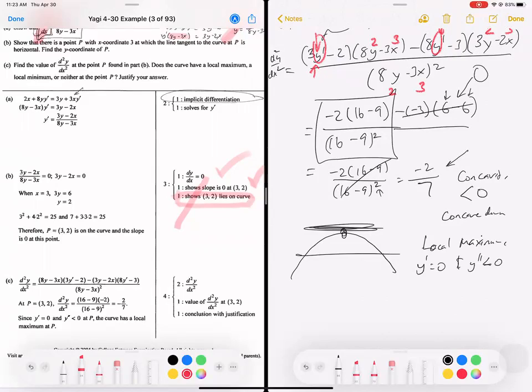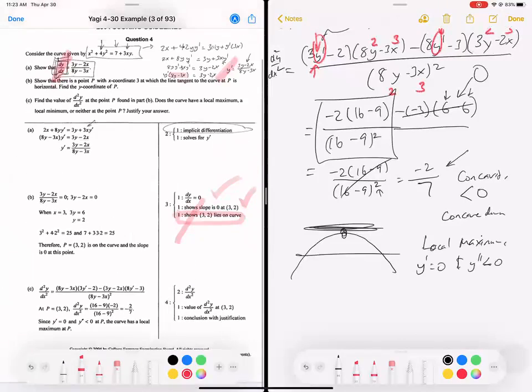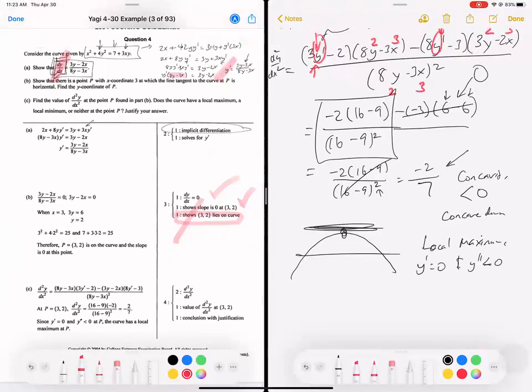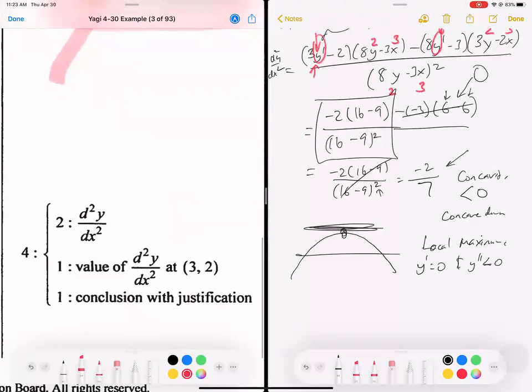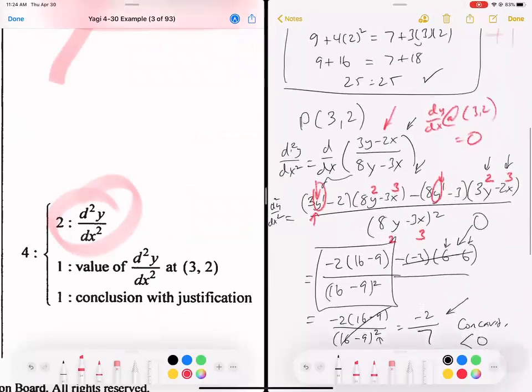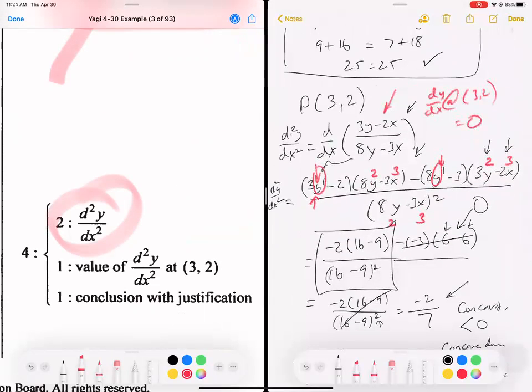Okay, let's look at the rubric to see if we got some points for that. So it's kind of cool. They gave us, actually, let me zoom in here. They gave us 2 points if you could set up that derivative correctly. If you wrote this second derivative correctly, you got points for that.